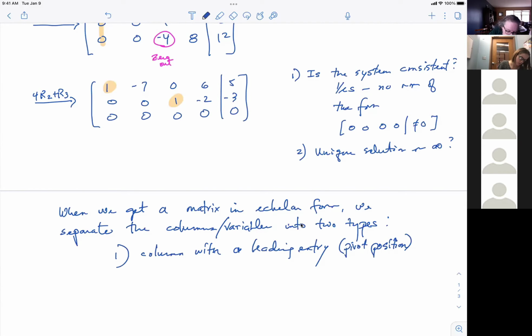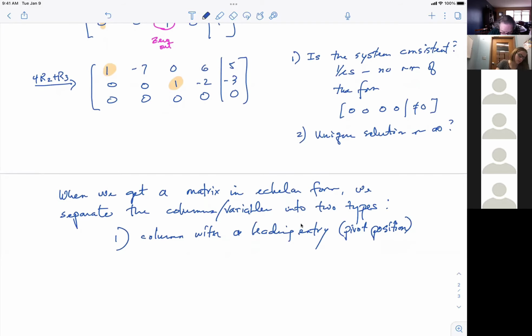So when I talk about pivot positions, I'm talking about this spot in the matrix. This would be the first row, first column, and this one is second row, third column. Sometimes I'll use those terms interchangeably, but there is a distinction. We want to look and see where the columns that have leading entries, or pivot positions, are.